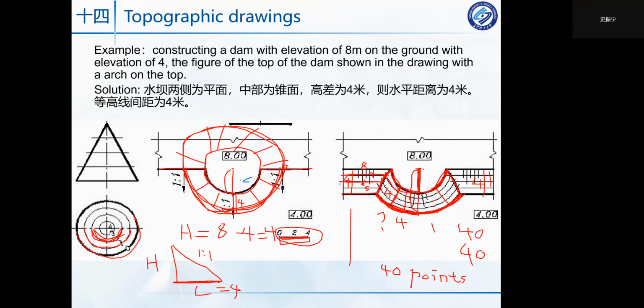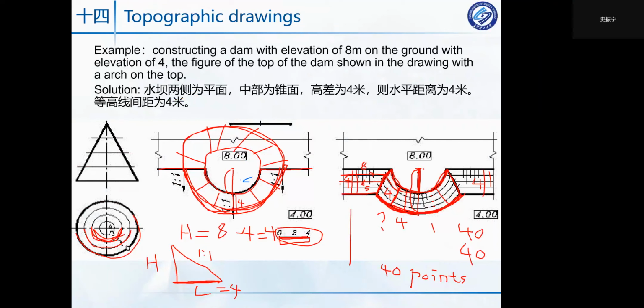So let's come back. Look at this one. If you draw many lines between the top and the bottom, you will get many more points, and the more points you get, the more realistic the curve you'll get.